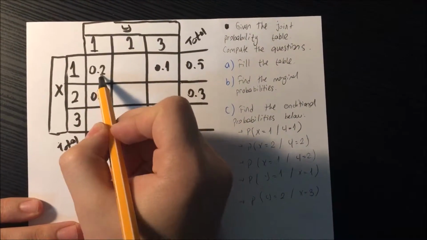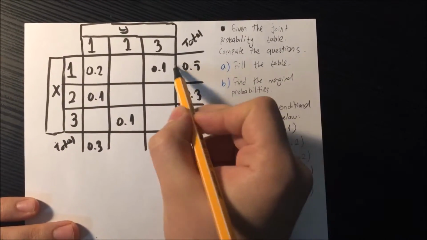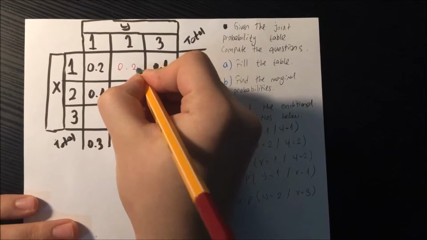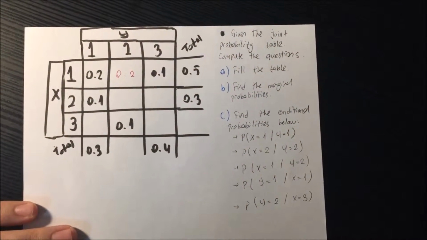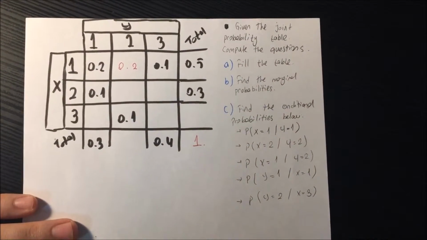This 1, 2, and 3 should be equal to 0.5. So here is 0.2, and the grand total must be equal to 1.